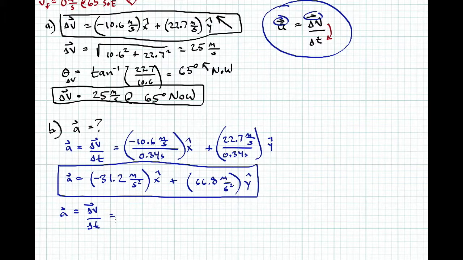Here's what I mean. 25 meters per second at 65 degrees north of west. Remember, this was our change in velocity, right? Well, we're taking that and dividing it by time, 0.34 seconds. That gives us an acceleration of 25 divided by 0.34, which is 73.5.